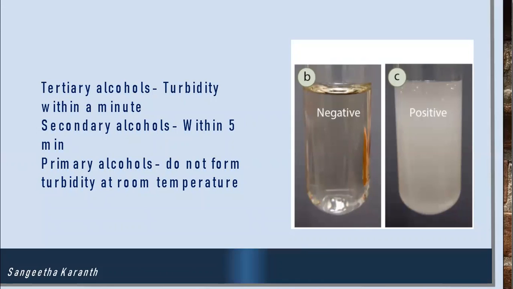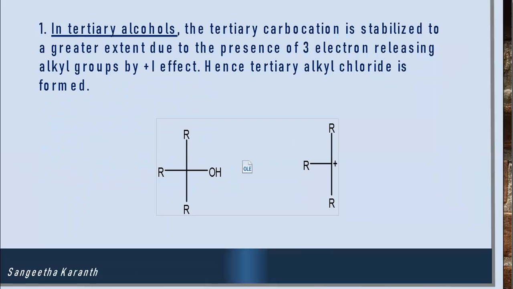So this gives results very soon, and we can visualize the results very easily in order to identify the type of alcohol. So why does this happen? Why does the tertiary alcohol give turbidity immediately? Why does the secondary alcohol take some time, whereas the primary alcohol does not give turbidity at room temperature?